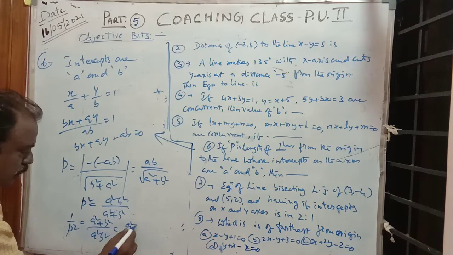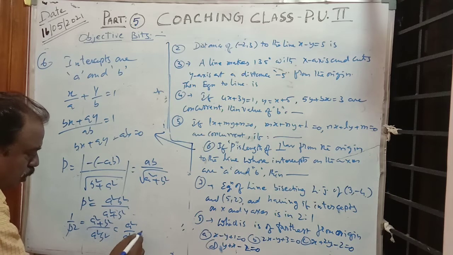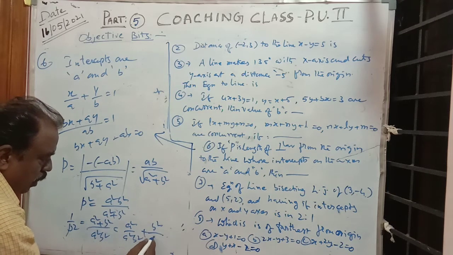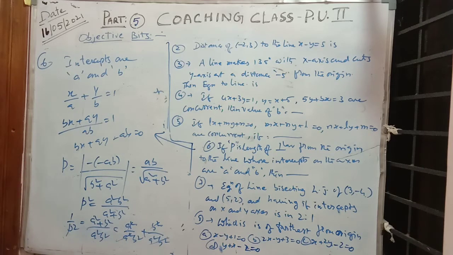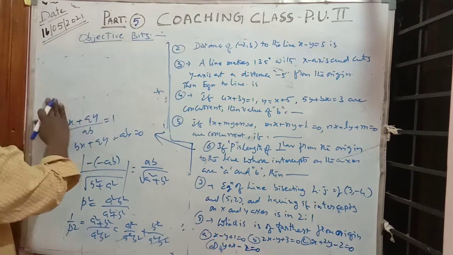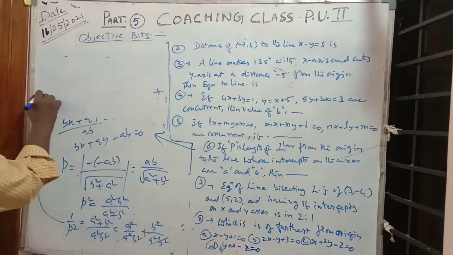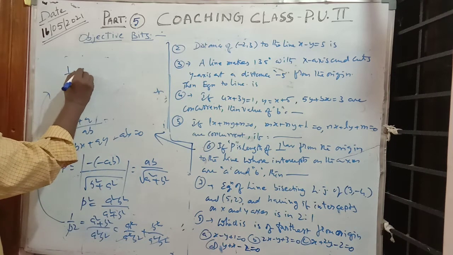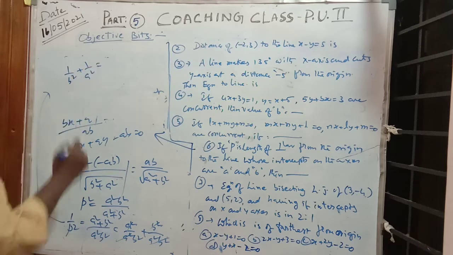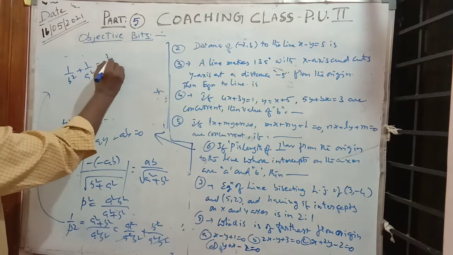That is nothing but a square by a square b square plus b square by a square b square. It cancels. So here it is 1 by b square plus 1 by a square is equal to 1 by p square.